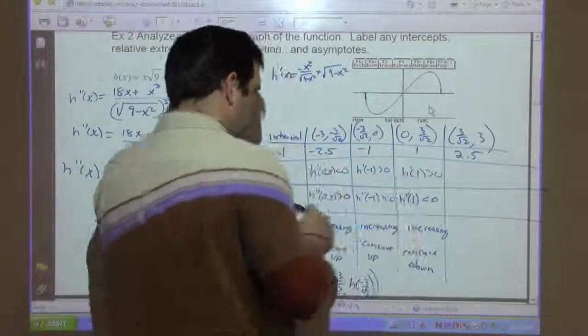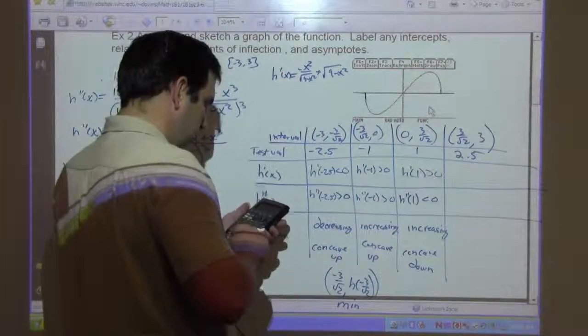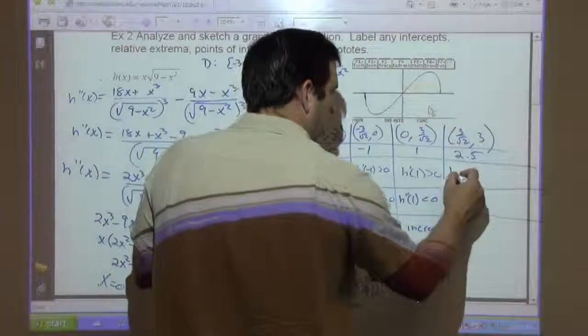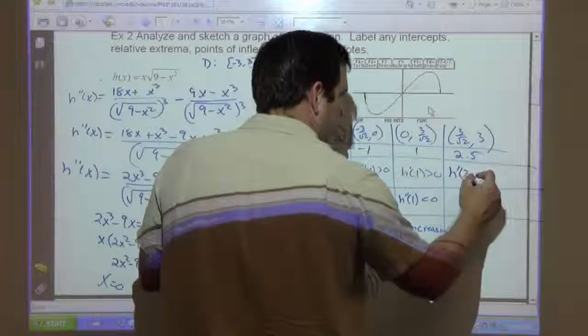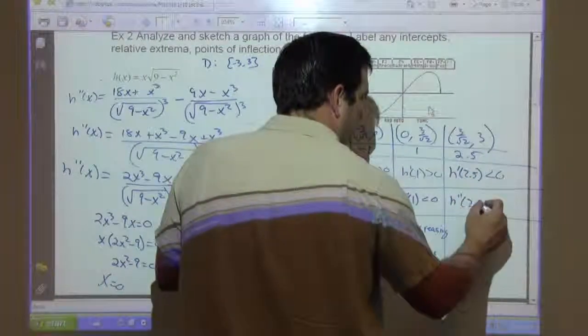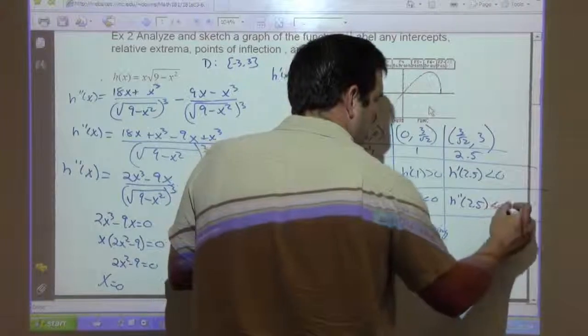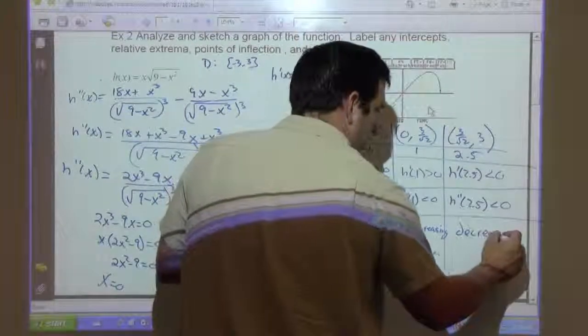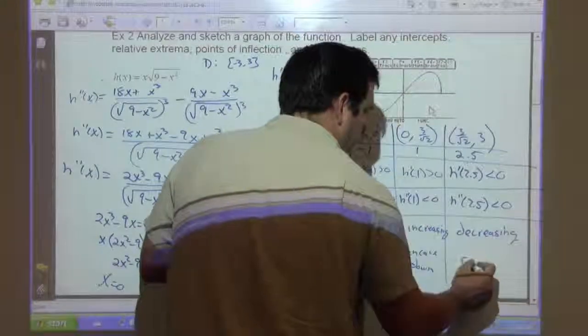And then let's put in 2.5. Our h prime of 2.5 is negative. Our h double prime of 2.5 is still negative. So that means we are decreasing and we're concave down.